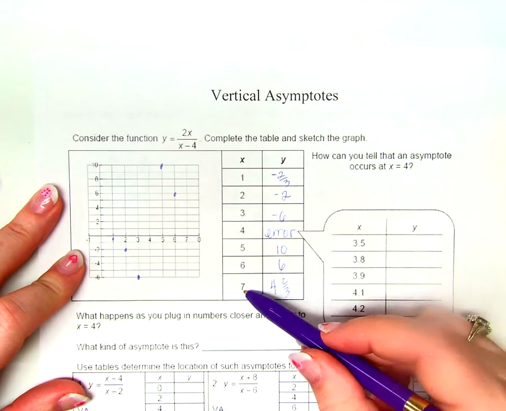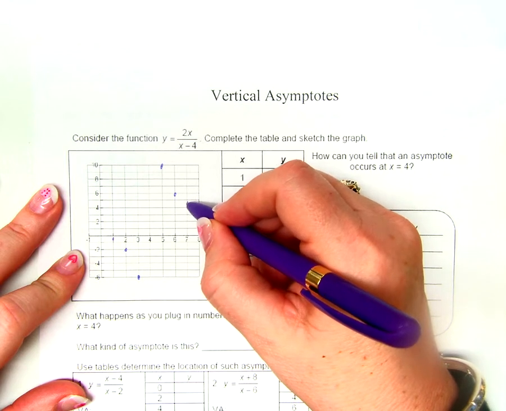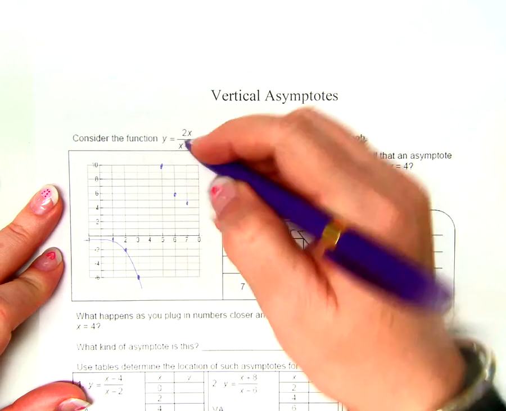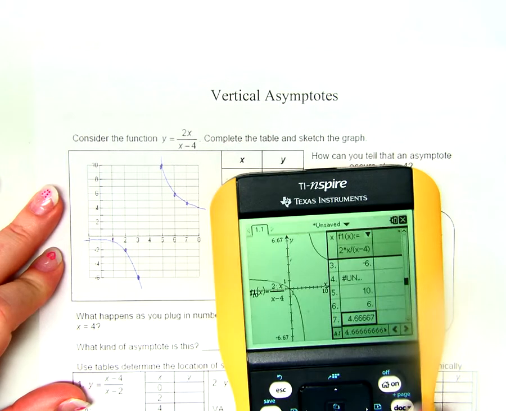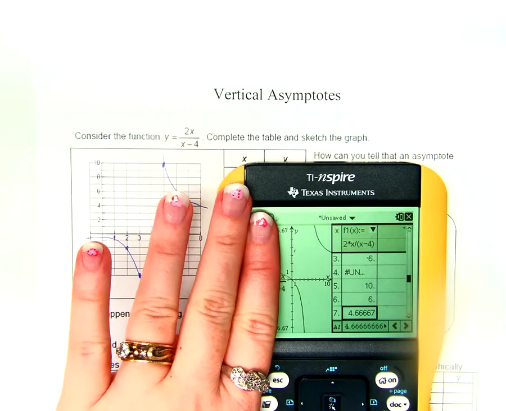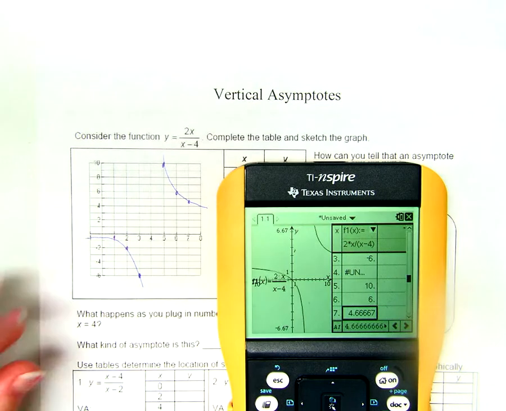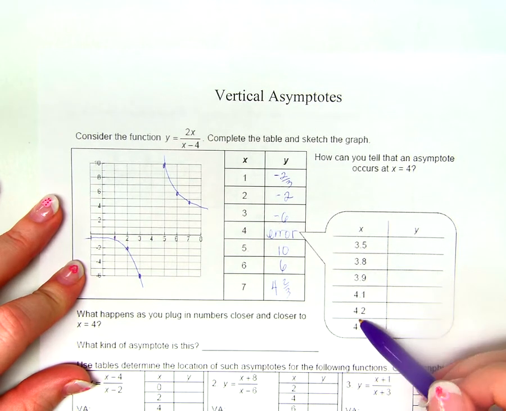And when x is 7, y is 4 2/3. Okay, so it looks something like that, correct? And when we compare it to our graph here, it does look something like that. Now we can only see that much of it on our paper because that part of it's gone, so we're good. Okay, so what about a little bit closer here?